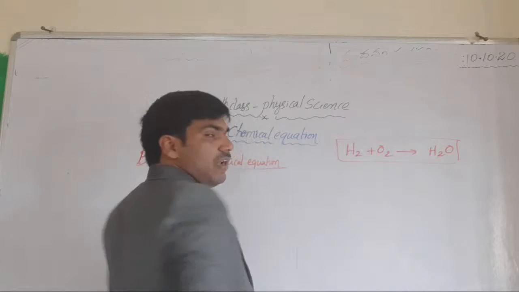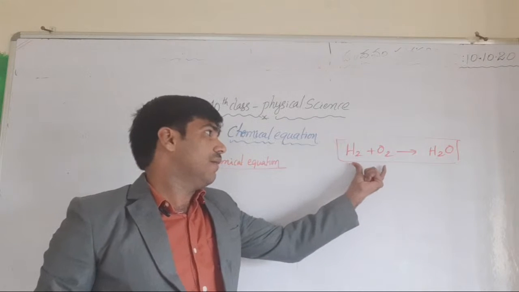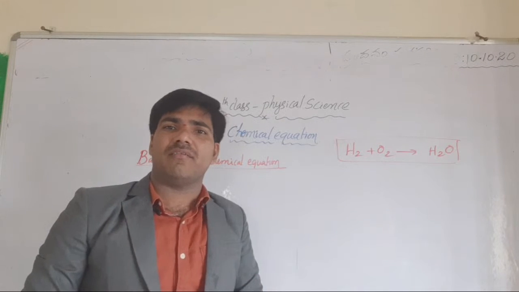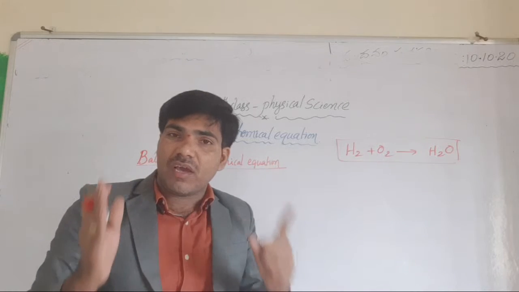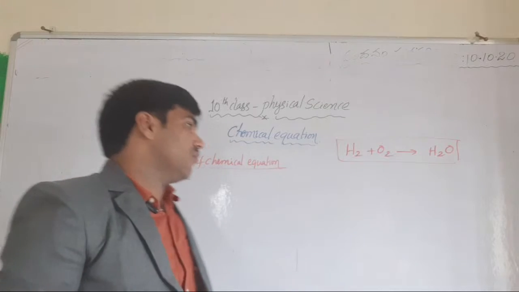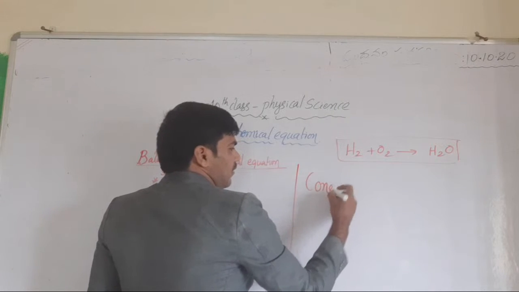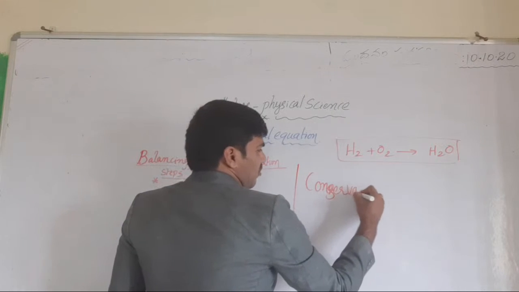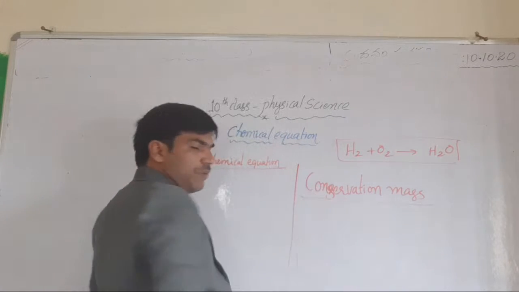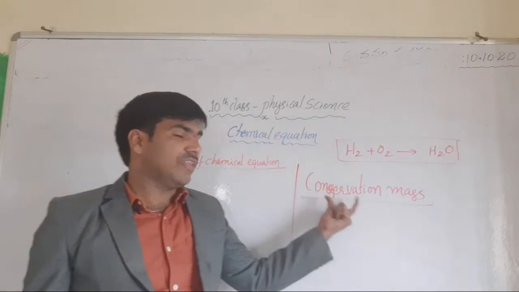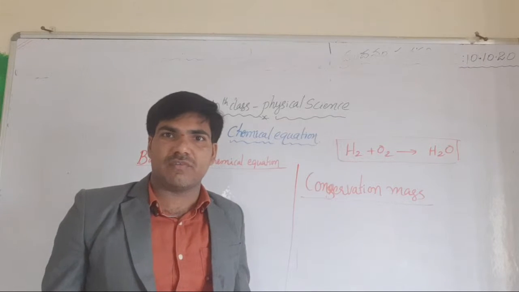This equation is called a skeleton equation, meaning it is not balanced. Why do we balance an equation first? Because we follow the conservation of mass principle. You know very well what conservation of mass is. Only for satisfying the conservation of mass principle are we going with the balancing of a chemical equation.